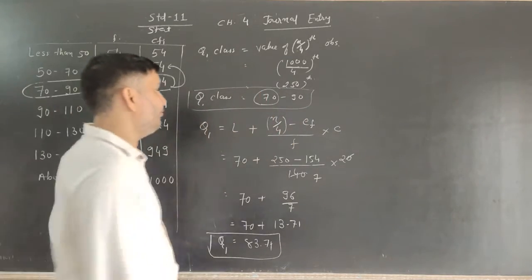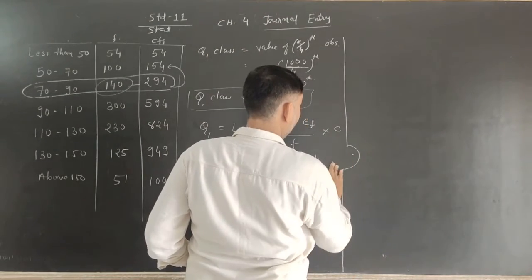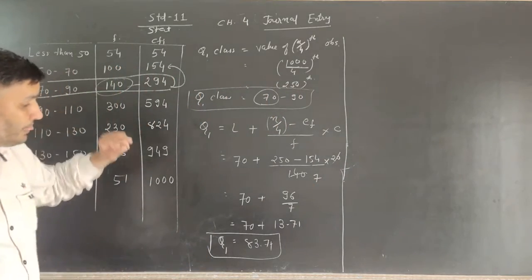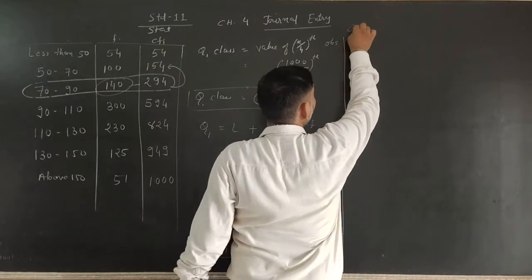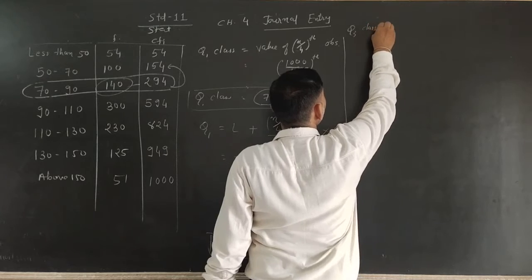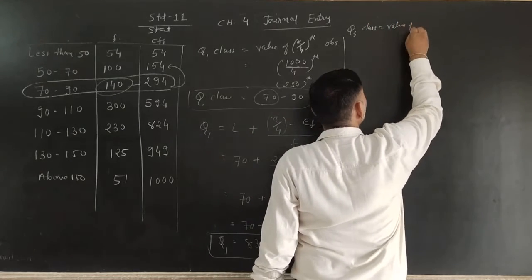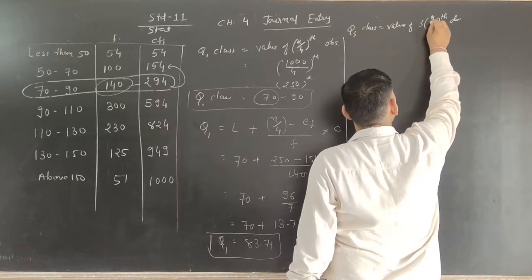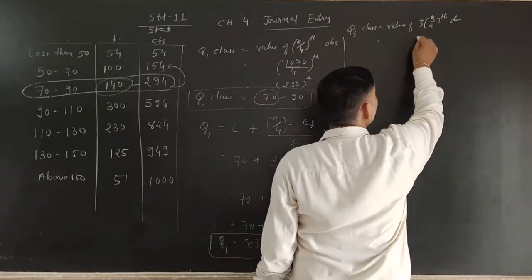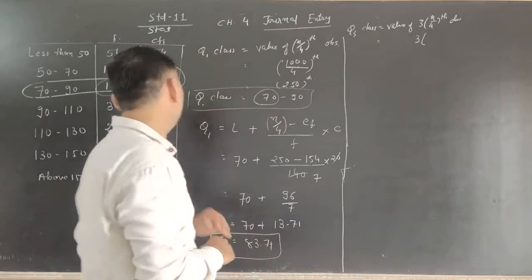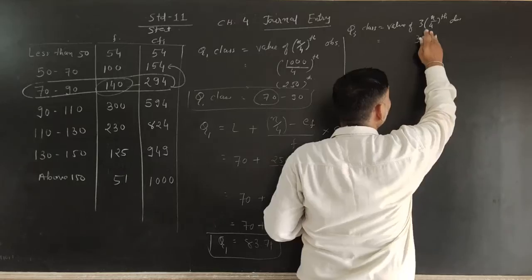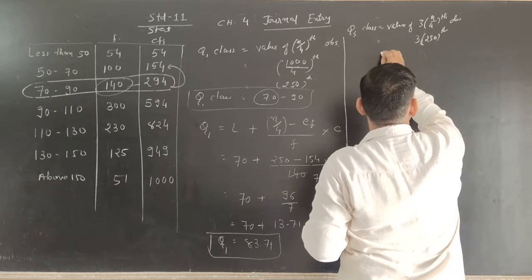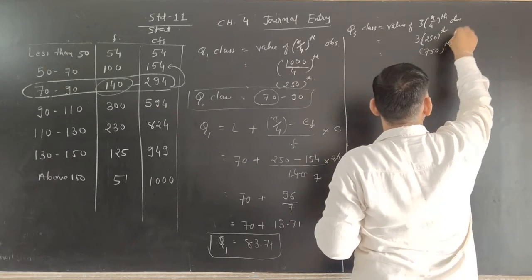Now we have the value of Q1, and now we find Q3. In the same way, we find the Q3 class using the value of 3 into n by 4 observation. n is equal to 1000, so n by 4 is 250, and 3 into n by 4 is the 750th observation.